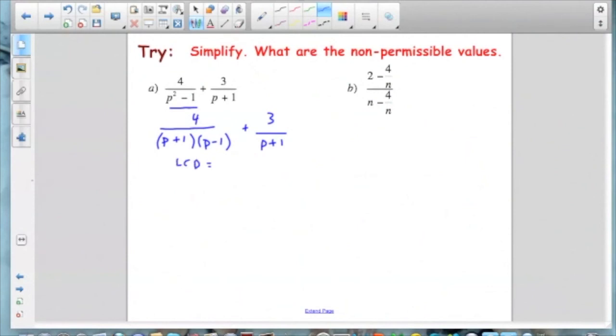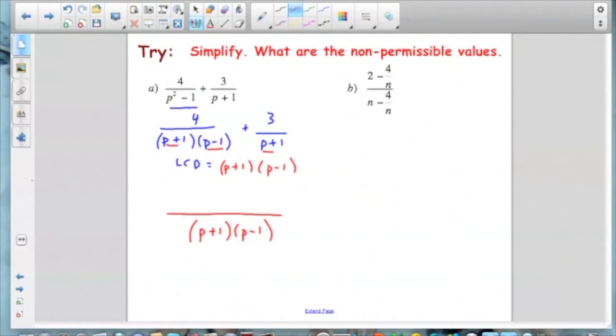What's it going to be? Well, we definitely have the p plus 1. It's common on both sides. And this is the other common. Just because it's not on both sides, it just drops down. Okay, so now I know my answer. The bottom part. There's the common denominator.